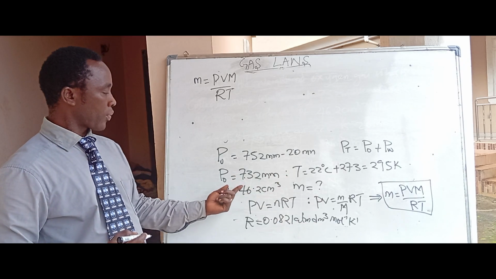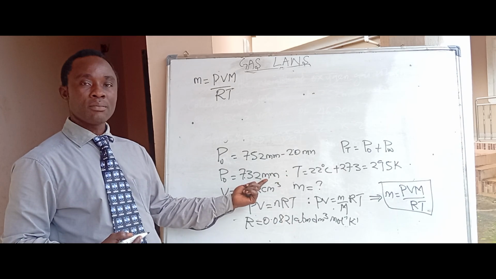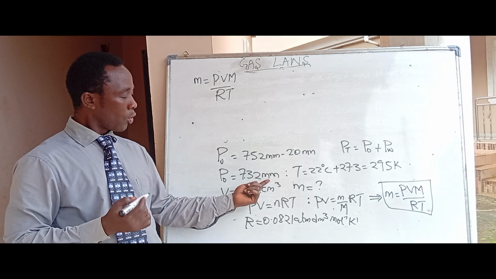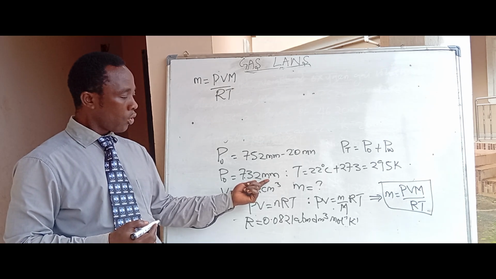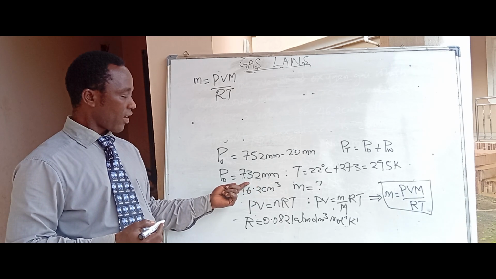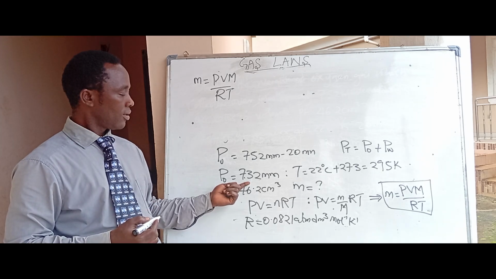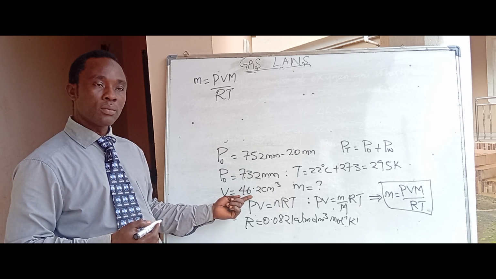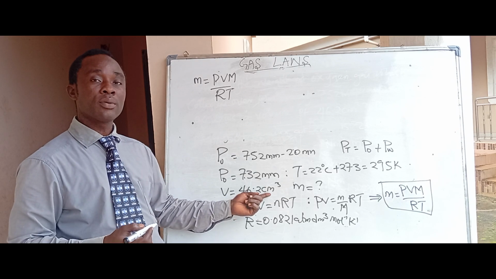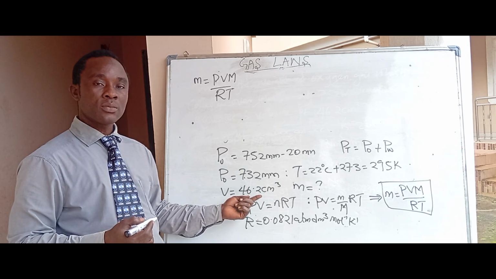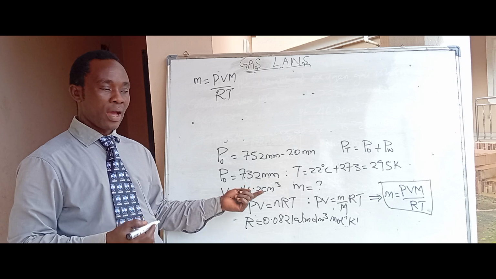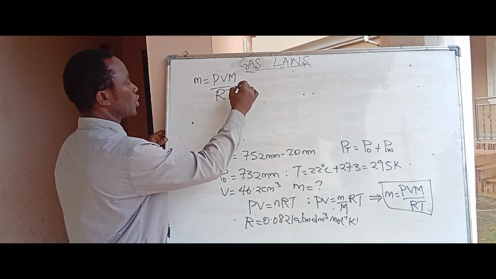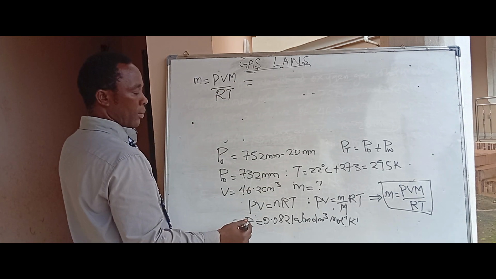If you look at our pressure here, it is in millimeters of mercury, so we must convert it to atm. We divide by 760. Then we convert the volume in centimeter cube to dm cube. We divide by 1000.